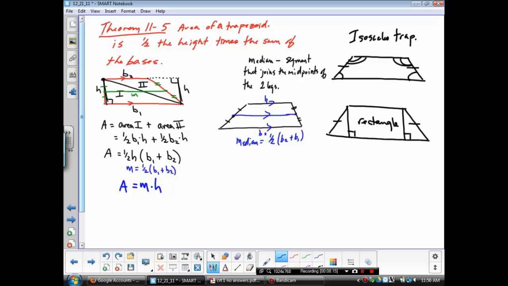When you put altitudes into an isosceles trapezoid, you have a rectangle and two congruent triangles.